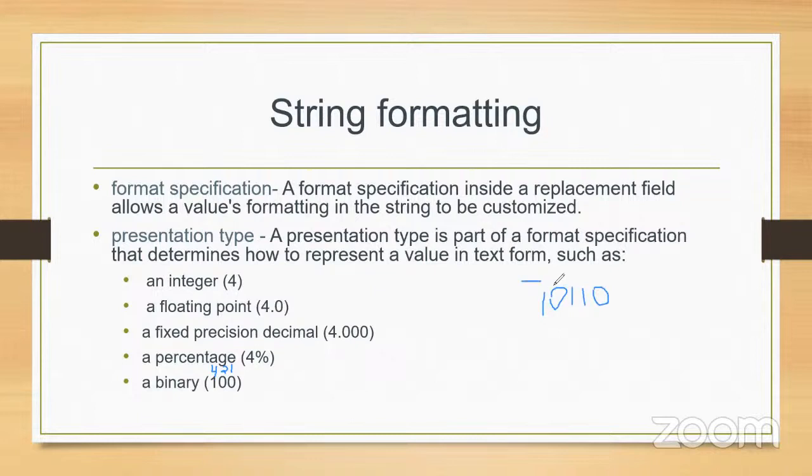I draw a line up here, and I can go 1, 2, 4, 8, 16, right? So everywhere there's a 1, if I add those numbers up, I get the answer. So 16 plus 4 is 20, plus 2 is 22, ignoring the 0 values. Right, ignore the 0 values.